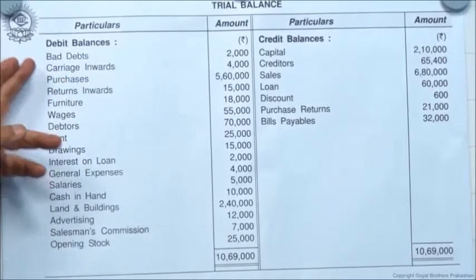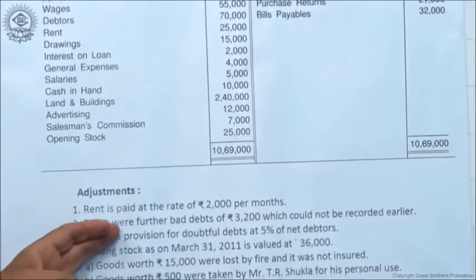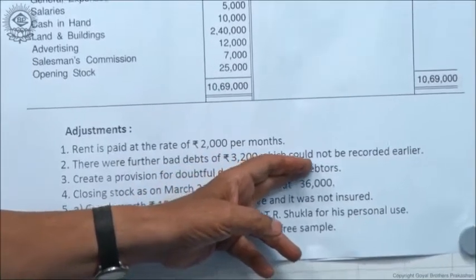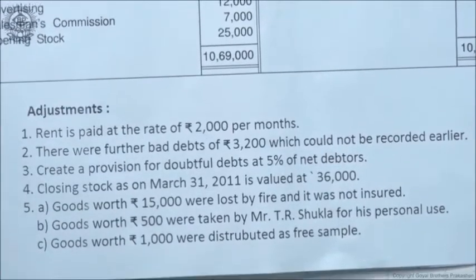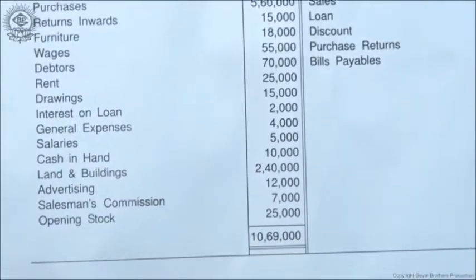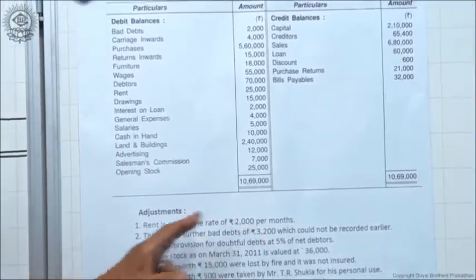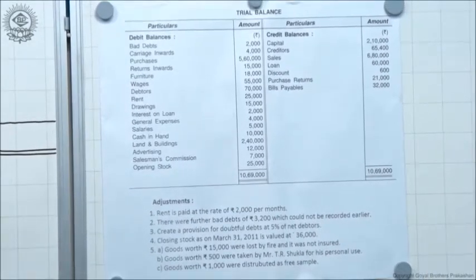Then in the adjustments, see number 2, there are further bad debts of 3,200 rupees which could not be recorded earlier. So these are recorded bad debts which are part of the trial balance, and these bad debts have not been recorded. Therefore these bad debts have become an adjustment for us.